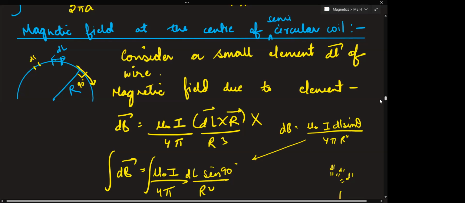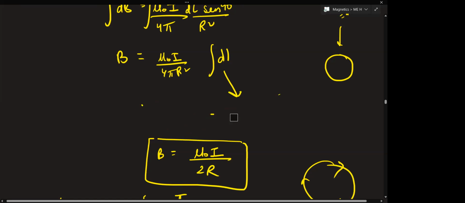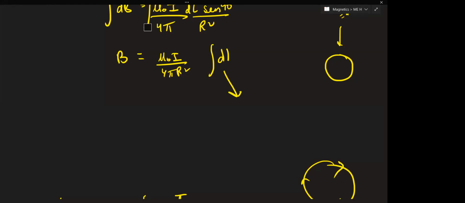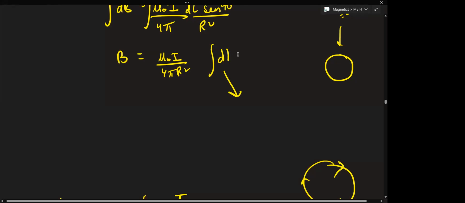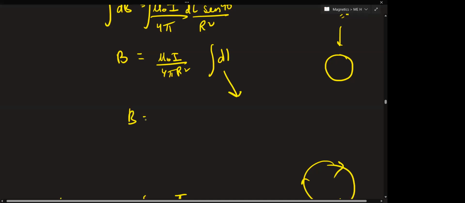Now, can anyone tell me what will be dl for it? What will be the integral of dl for a semicircle? It's pi r. Perfect. It's a semicircle, so now it becomes the circumference of a semicircle. So now it's mu naught I divided by 4 pi r square.